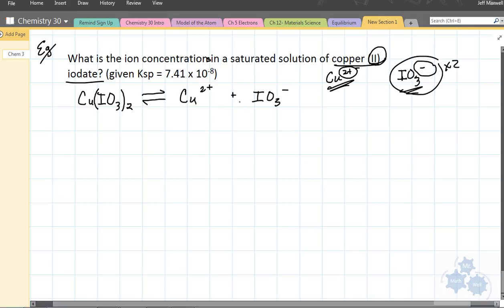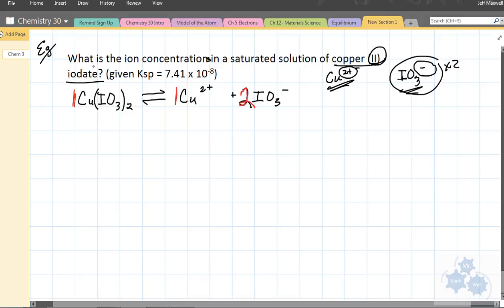Yeah, that's right. Right here, we need to have a 2, because over here, there's 2 iodate ions in this compound. So we need to have 2 iodate ions represented over there. Very good. So if we're looking at molar ratios, we have a 1 to 1 to 2 ratio.